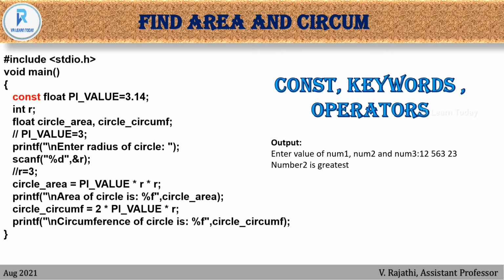Constant means the value does not change during the execution of the program. If you try to modify a constant variable, the compiler won't accept it. It will show some error like read only variable, you cannot change it.